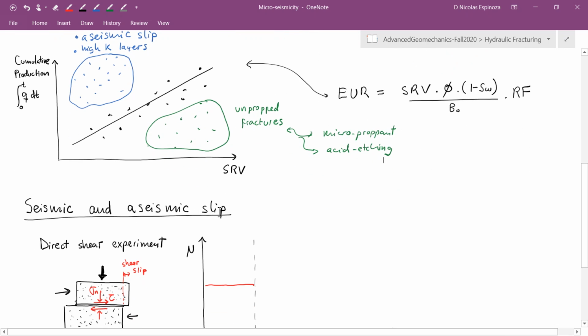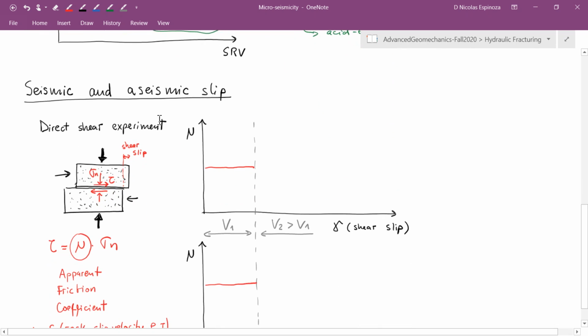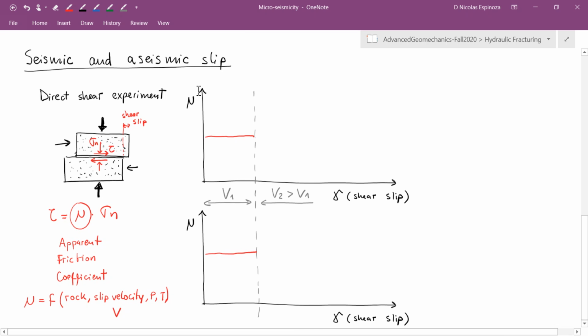There are two types of shear slip, and these are called seismic and aseismic slip. This is something which is thoroughly investigated also in the geophysics community, because this is also how you explain that sometimes you might have a reactivation of a fault, and that fault could cause an earthquake, and some other times it doesn't.